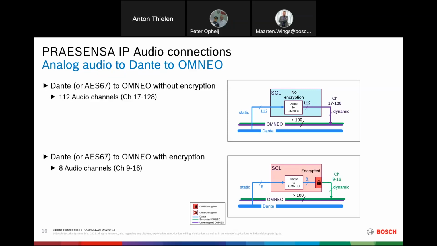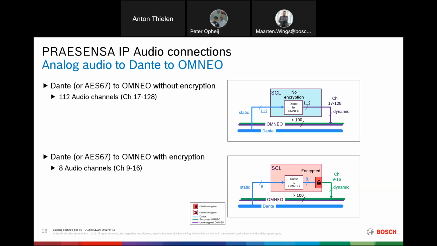There's also an option to have Dante to Omnia with encryption. Therefore we have 8 channels, channels 9 until 16, which can do that encryption. That means from the moment that this audio is at the system controller, separate channels are created which encrypt the audio.